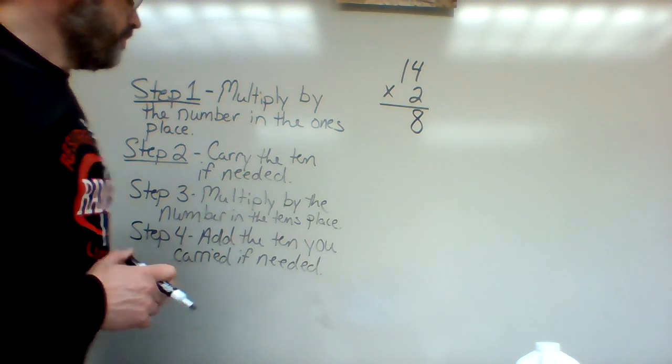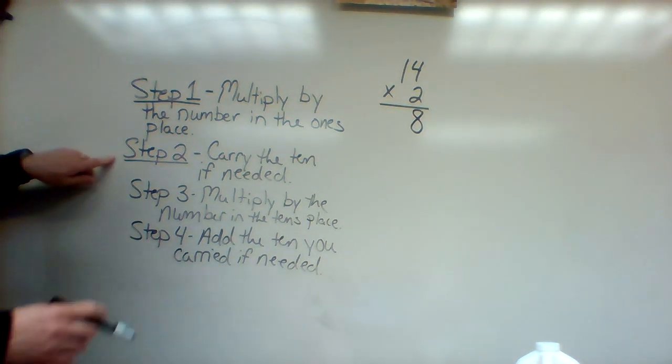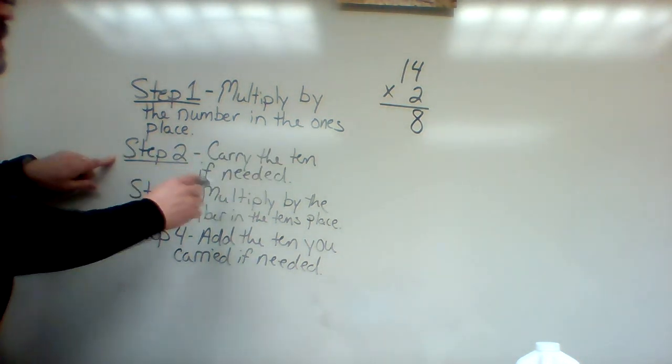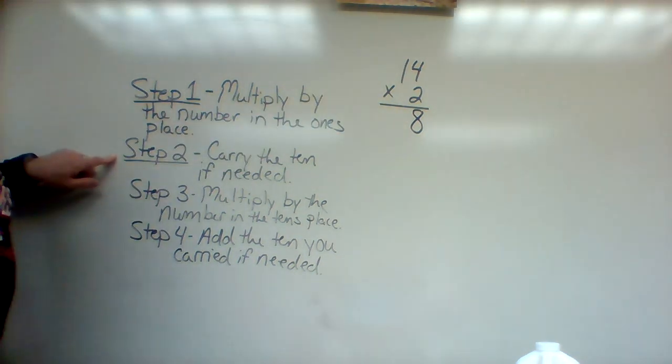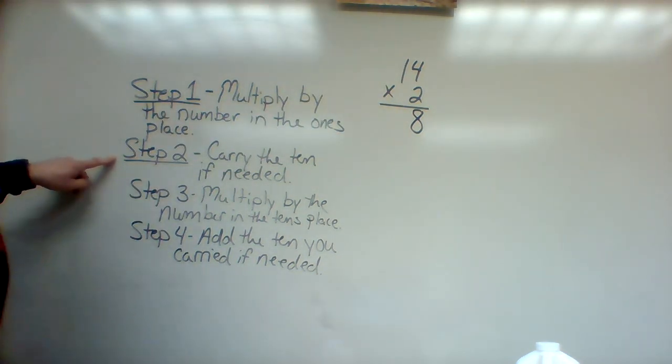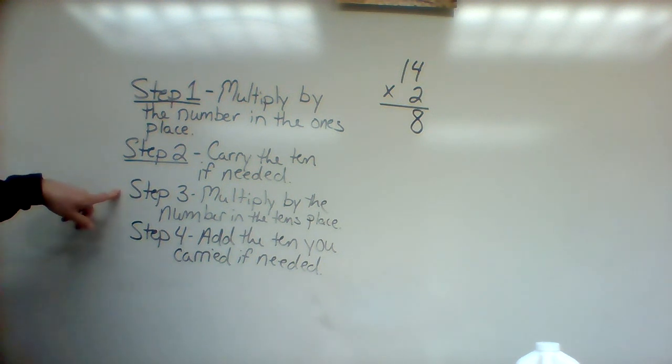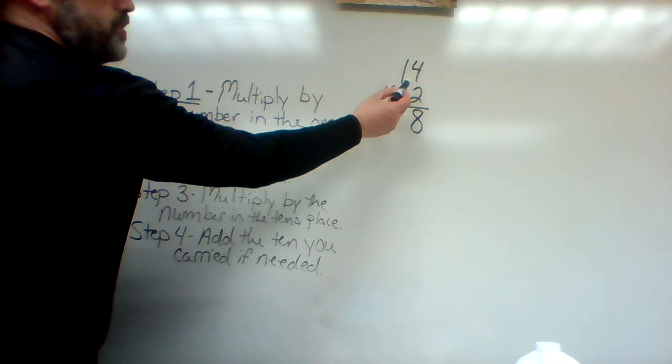That's where it goes. My second step is carry a 10 if needed. Now when I multiplied it, it didn't have a 10, so I don't have to carry a 10, so I don't have to worry about that. Step 3, multiply by the number in the tens place. So now I go back to this two-digit number here.